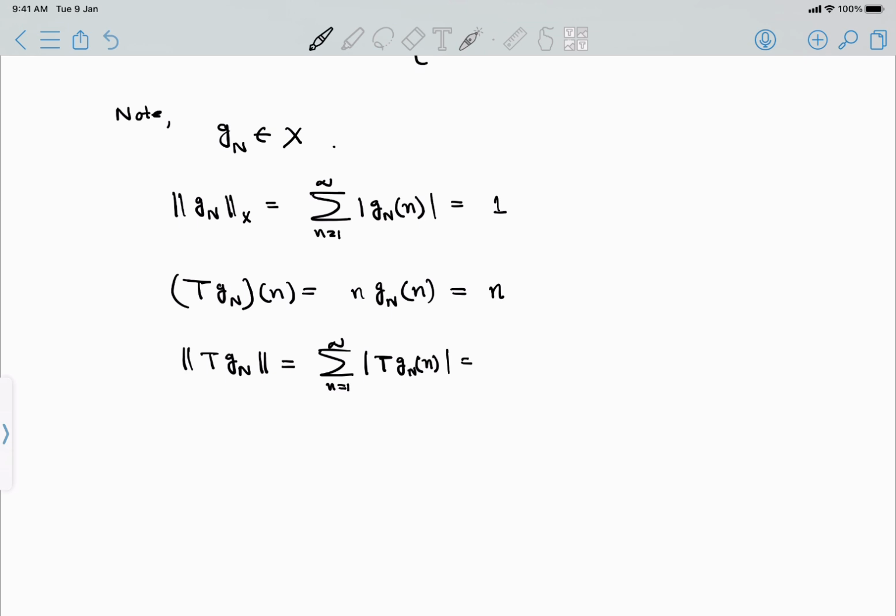So this sequence takes the value N at n equals N. So its norm is N.